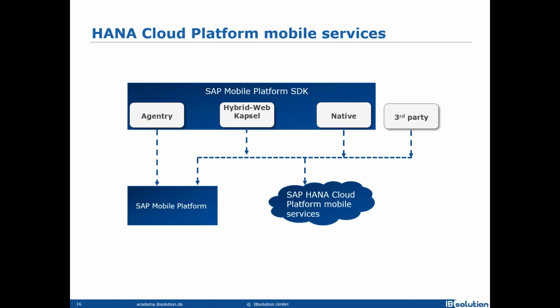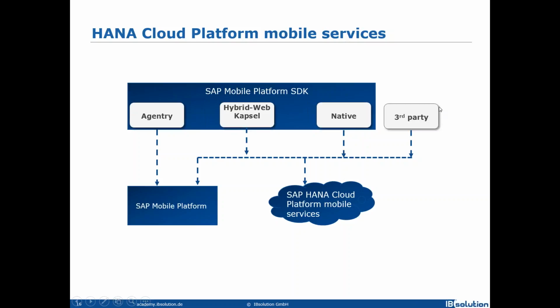Currently, SAP HANA Cloud Platform Mobile Services does not support agentry applications, and also does not support the SMP building tool, which is for building SMP applications. But it does support hybrid Kapsel development, on which we will focus today in this webinar, and also native applications.